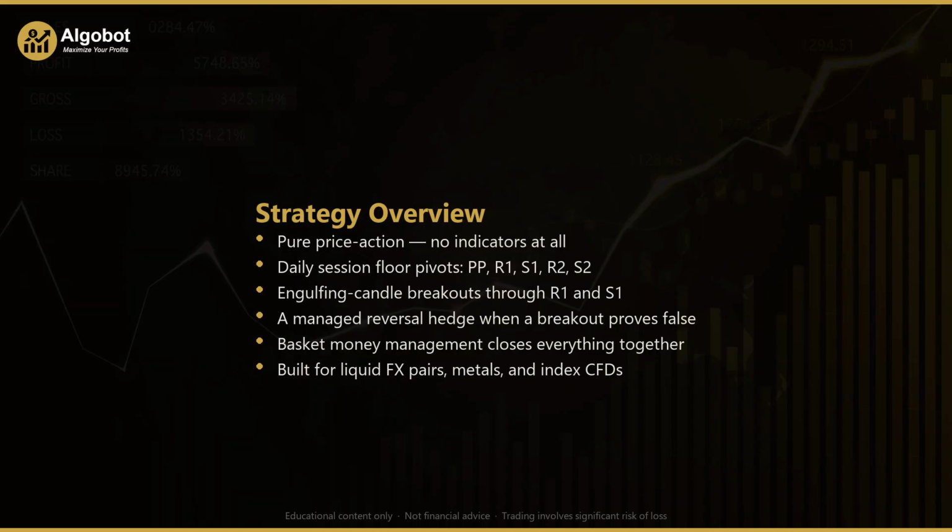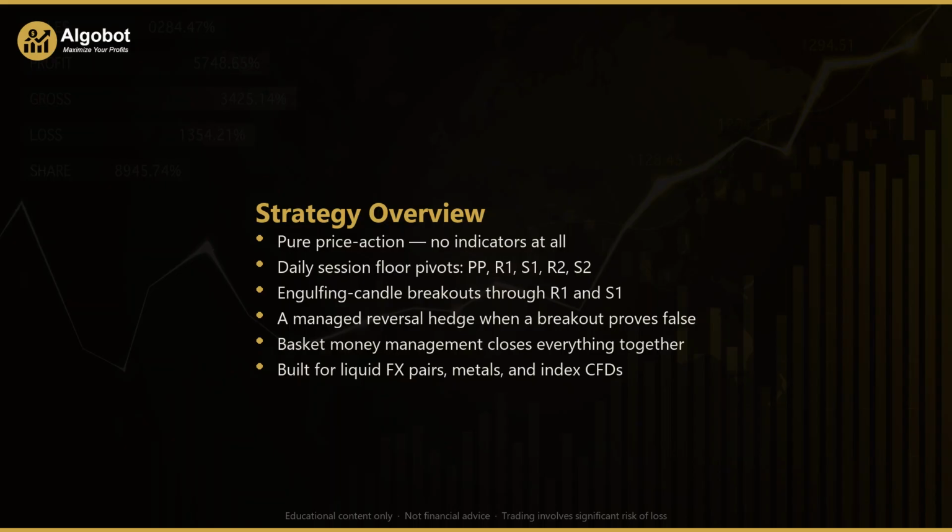Every trading day, the strategy folds the previous calendar day's high, low, and close into a set of classic floor pivots. The central pivot point, resistance 1 and 2, and support 1 and 2. These levels stay fixed for the entire day and never repaint, which means the EA is always anchored to the same reference points that many intraday desks watch.